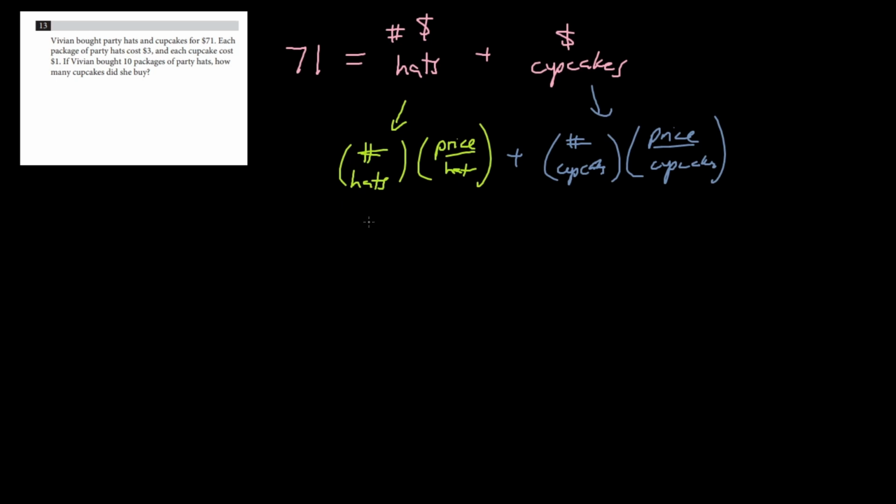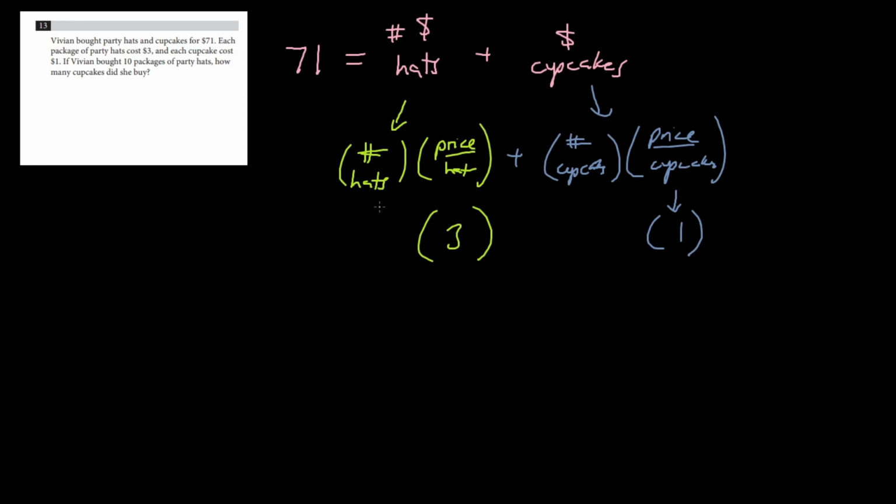Okay, so each package of party hats costs $3, so that means this would be 3, and each cupcake cost $1, so this is 1, that's the price per cupcake.